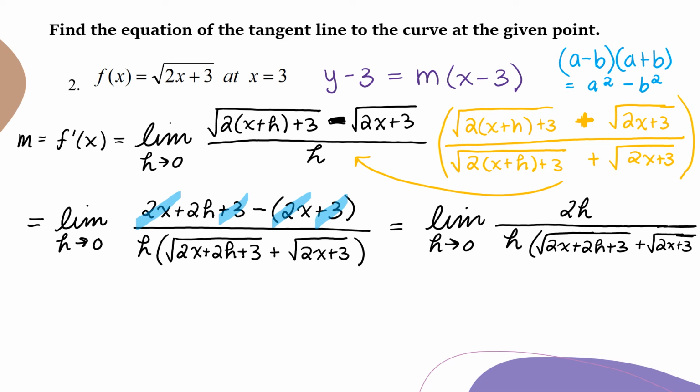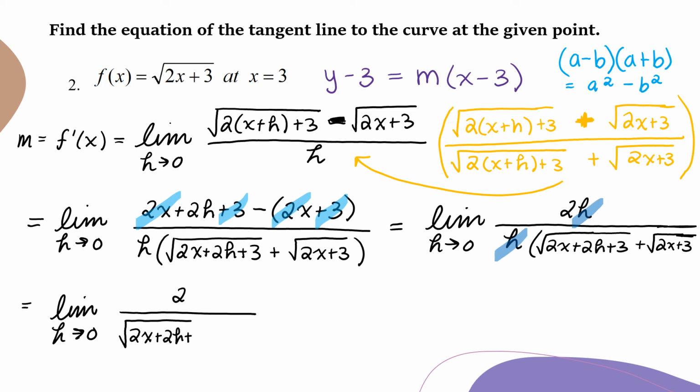Now we have a common factor between the numerator and denominator, so the common factor of h will divide out. And this is equal to the limit as h approaches 0 of 2 over the square root of 2x plus 2h plus 3 plus the square root of 2x plus 3.